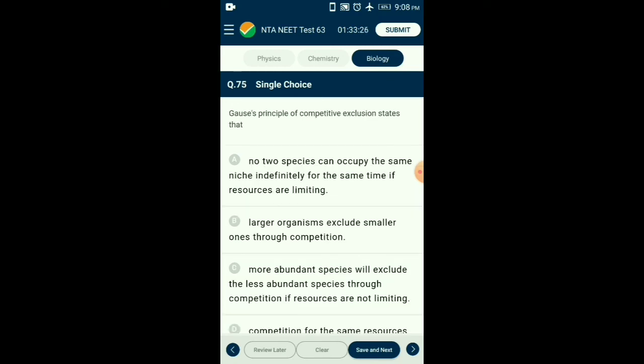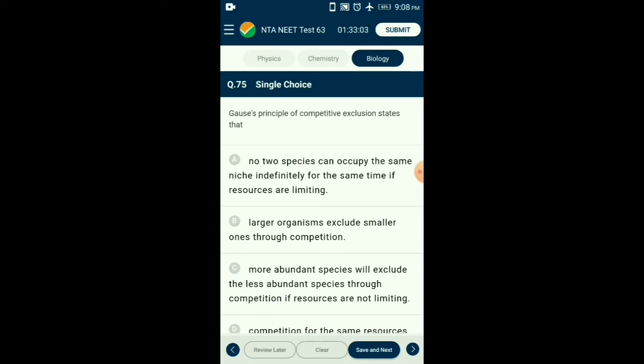Question number 75. Gause's principle of competitive exclusion states that 2 or more species with closely similar niche requirements cannot exist indefinitely in the same area as sooner or later they come into competition for possession of it.